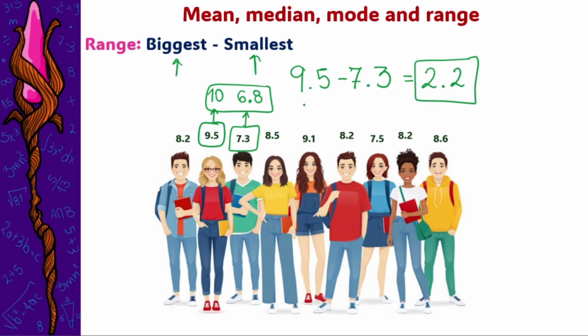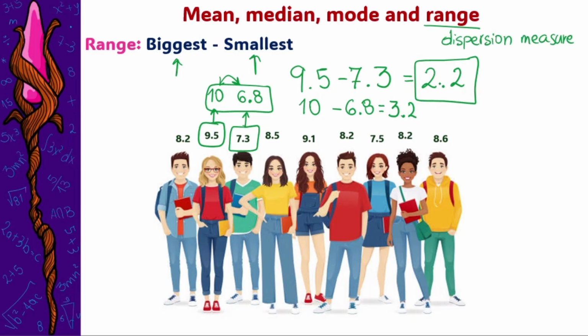But the range is going to change because it's going to be 10 minus 6.8. In that case, the range is going to be 3.2. That means the data are more variable because there's a bigger difference between them. So the range is actually going to tell us how different some values are from the other ones. It's a dispersion measure.